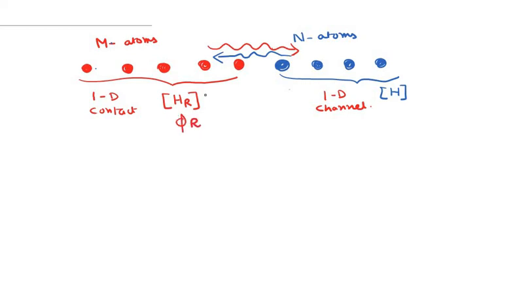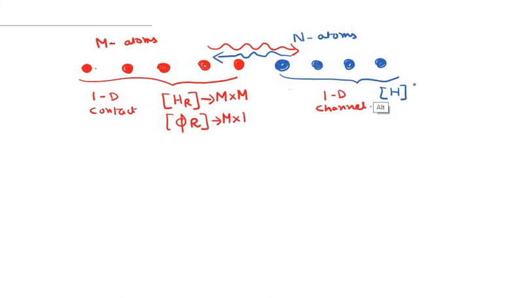So this HR is basically an m cross m matrix because there are m lattice points. This phi r is basically an m cross 1 vector.